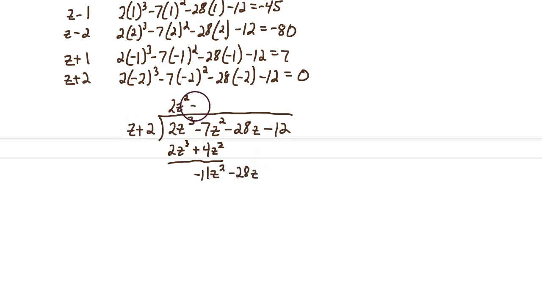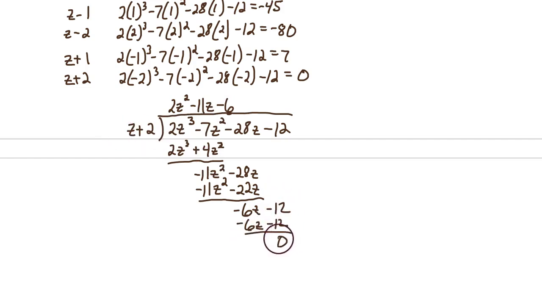z times negative 11z is negative 11z squared. And negative 11z times 2 is negative 22z. Now subtract. We get negative 6z. And bring down the next term. z times negative 6 is negative 6z. And negative 6 times 2 is negative 12.